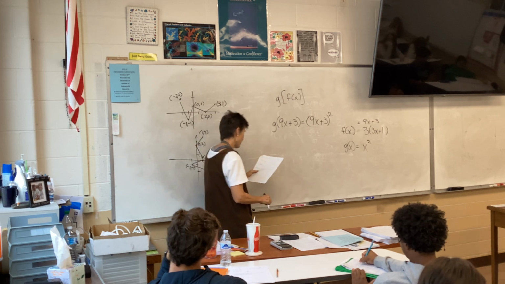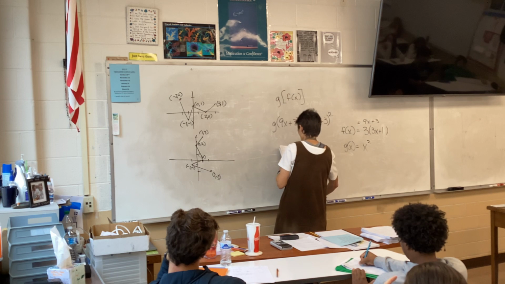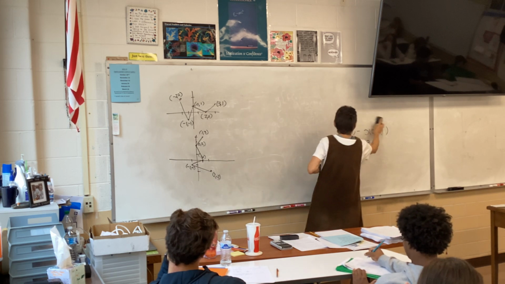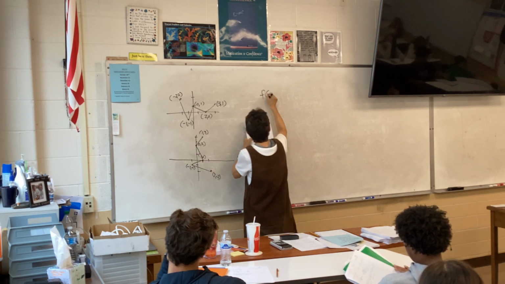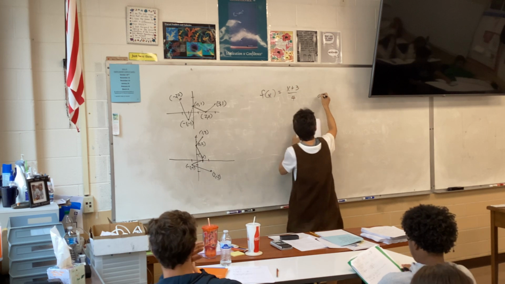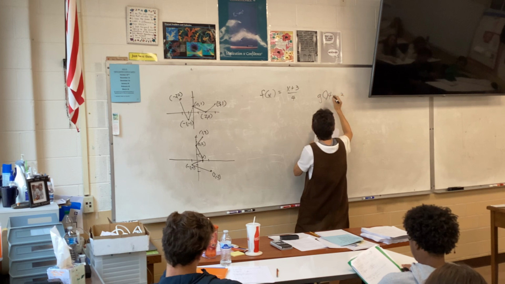Sure, easy. Prove that f and g are inverses by showing that f of g of x is x and g of f of x is x. Okay. Alright, so f is (x plus 3) over 4, and g is 4x minus 3.